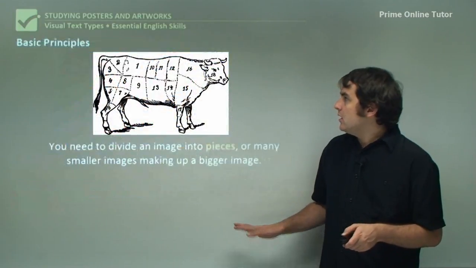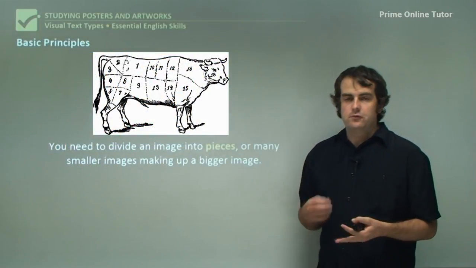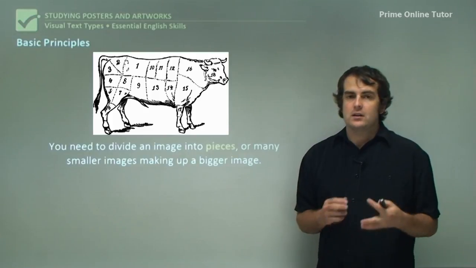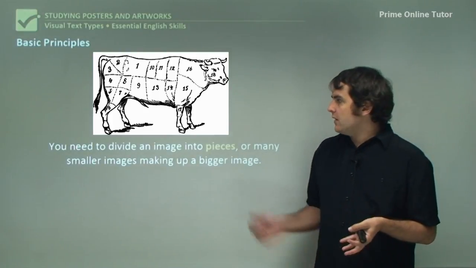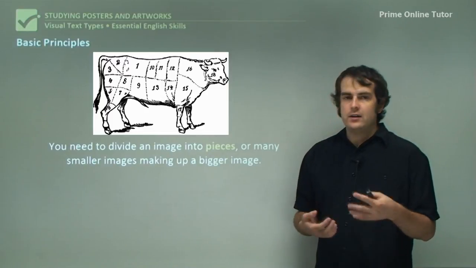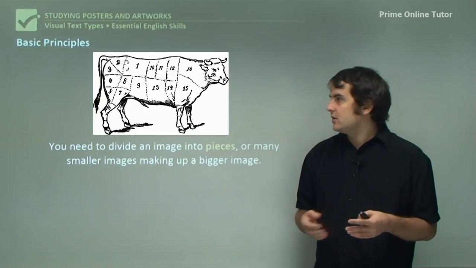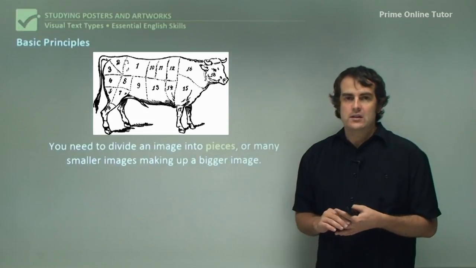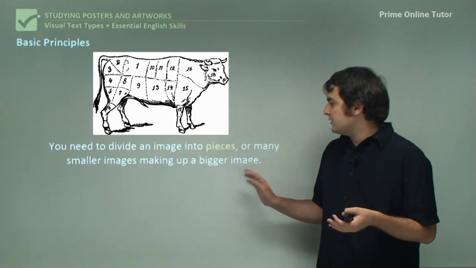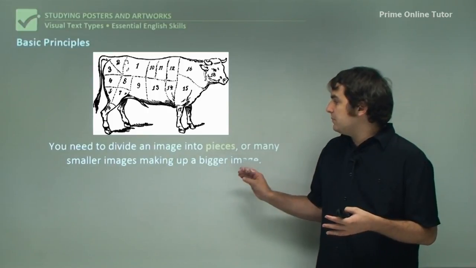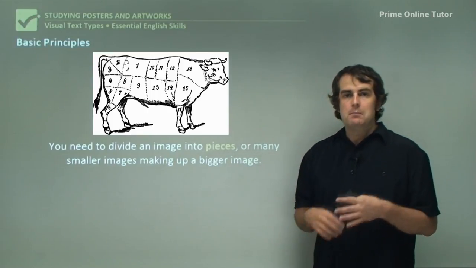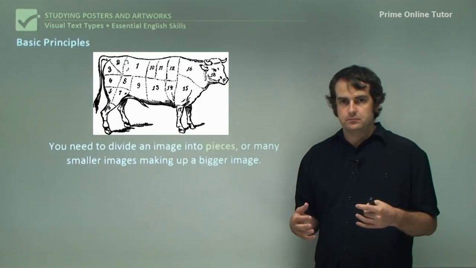Okay, so moving on. The basic principle for interpreting a text is to divide it into pieces. If you have a look at the image up the top there, it's divided into images. Admittedly, it's not the most literal way of dividing an image, but it's a way of looking at it, as in you've got a number of smaller images making up a bigger image.